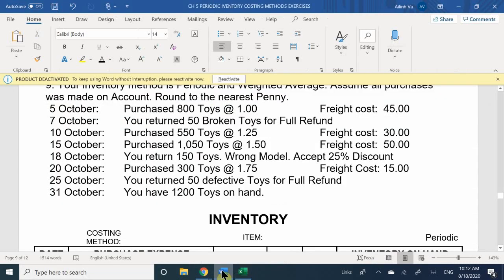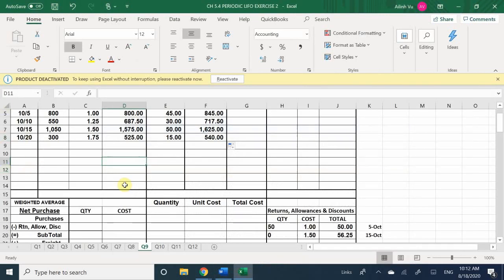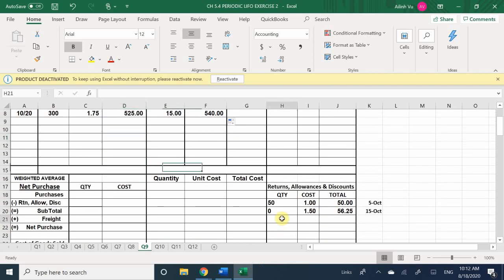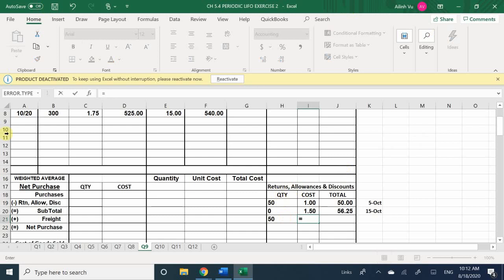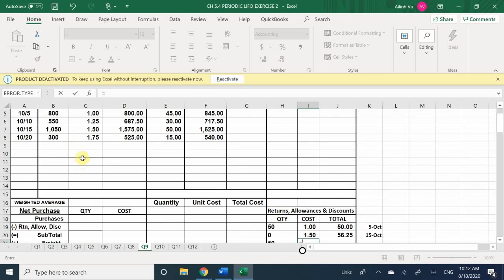And then what happened on the 25th of October? You return 50 defective toys for a full refund. Okay, good. So we actually did a full 50. Now, what was the price I'm going to return them at? $1.75, correct.